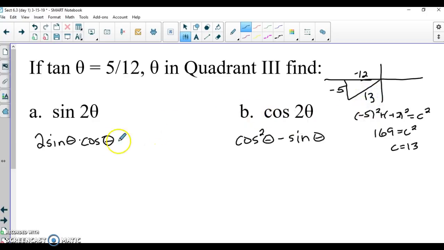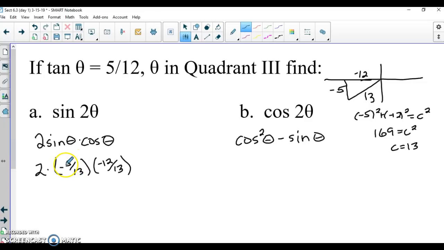Now, our hypotenuse is always positive. All right, so for sine of 2 theta, we get 2 times the sine of theta, which is going to be opposite over hypotenuse, which is negative 5 over 13. Cosine of theta is adjacent over hypotenuse, which is negative 12 over 13.